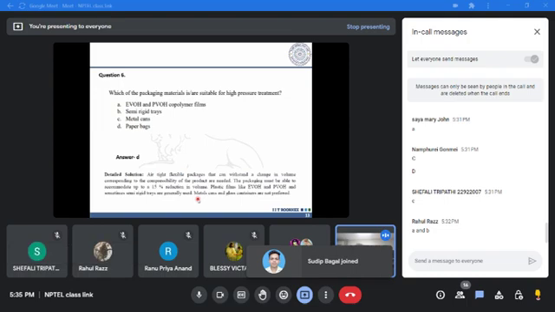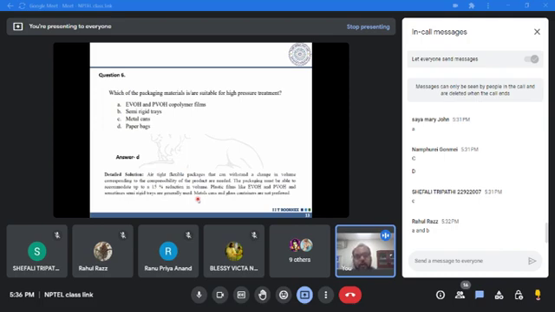But if you have told A or D, those will be the right answer, because sometimes we also use EVOH, OPP, or LDPE polymers, but mostly paper bags are preferred, because a flexible package can withstand the change in volume corresponding to the compressibility.